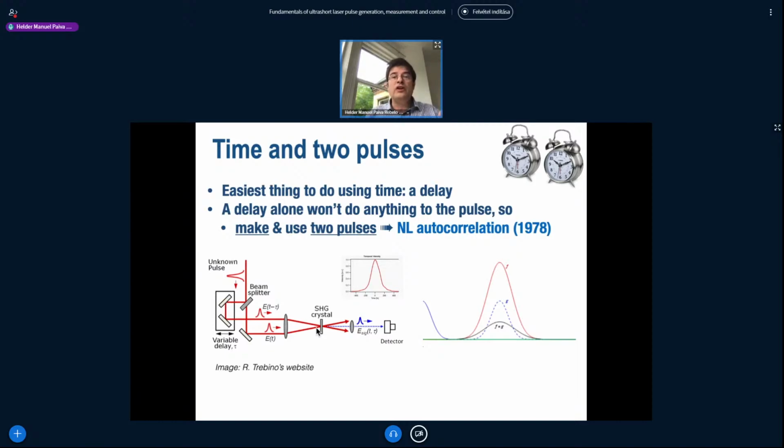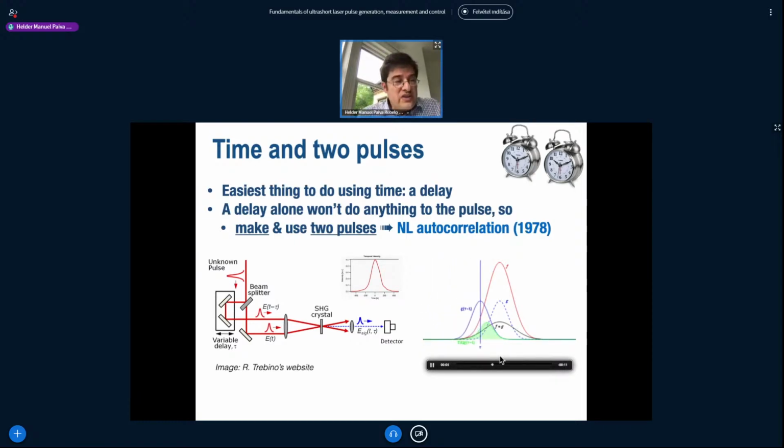So even though you cannot see each of the individual pulses, you can see when the 2 pulses are overlapped, because you can have a maximum nonlinear signal in this situation. And this is shown here in these animations. You see one pulse here and the other pulse here. And as you change the delay between the 2 pulses, the green area is the overlap. So you get maximum overlap and maximum signal when the 2 pulses are overlapping. So that's basically what people did.